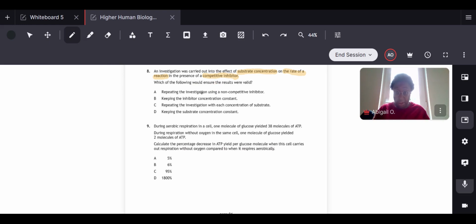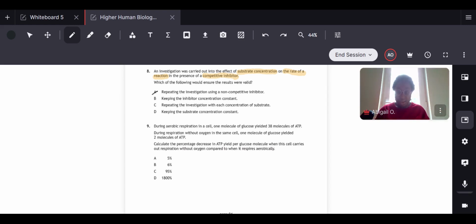If we repeat the experiment using a non-competitive inhibitor, that's not helpful for us because we're doing this in the presence of a competitive inhibitor. If we keep the inhibitor concentration constant, that might be helpful. Yeah, because we want the inhibitor concentration to be constant because that's actually not what we're studying. We're studying the effect of substrate concentration on the rate of the reaction. So the competitive inhibitor concentration is a bit like a constant variable.